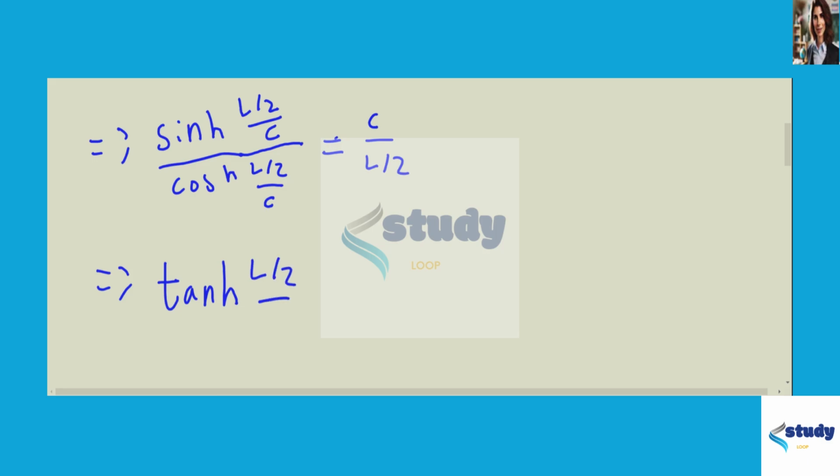L over 2 divided by C is equal to C divided by L over 2.